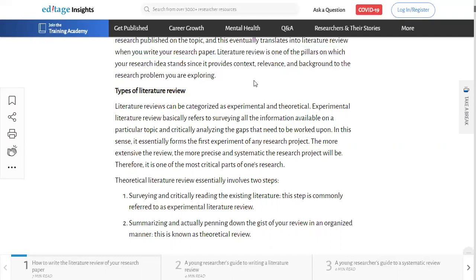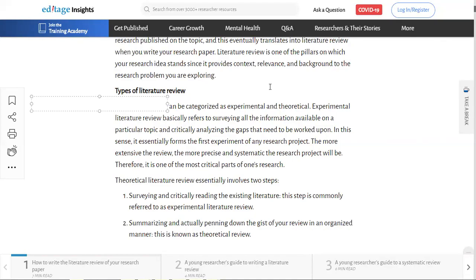One of the recommendations given to me in previous years when I was taking my master's degree seminars was to divide the literature review into three sections, and I'm going to write them down.